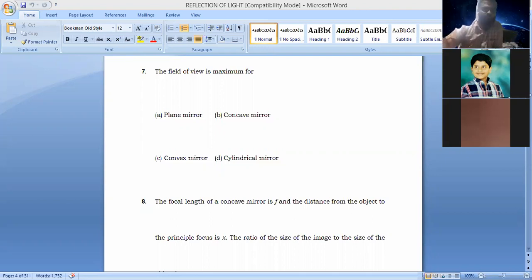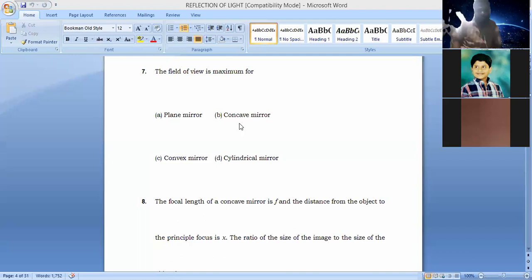Now this field of view is maximum when focal length is positive. When focal length is negative, what will happen? The focal length is in the opposite direction. Whatever the light rays are passing on the mirror, and the direction in which I am seeing, it must be in the same direction.